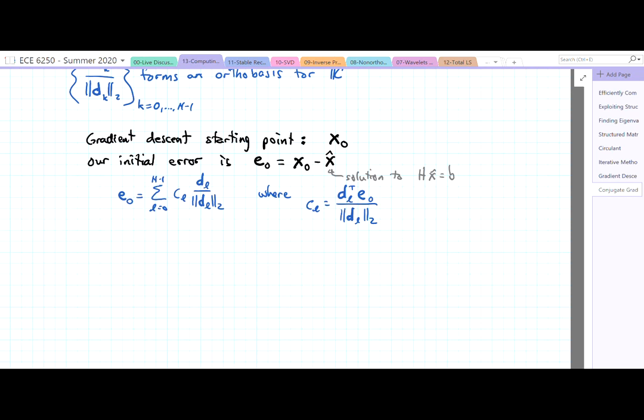So here we'll have ek, so at the kth step, define that to be xk minus x hat, but that's equal to x_{k-1} plus alpha k minus 1, and then dk minus 1 is the direction that we were going, minus x hat, which is just equal to the error at k minus 1 plus alpha k minus 1 times that previous direction.